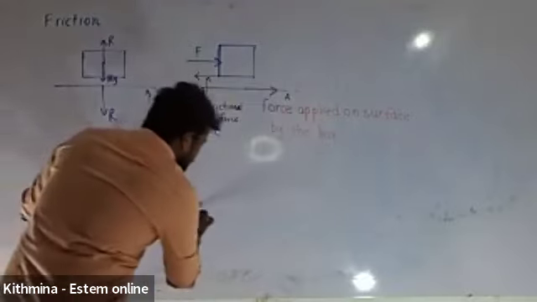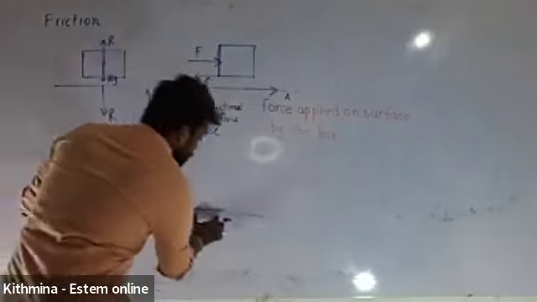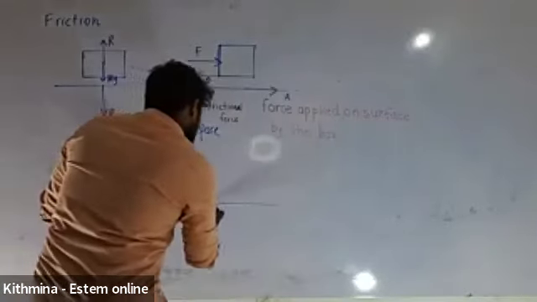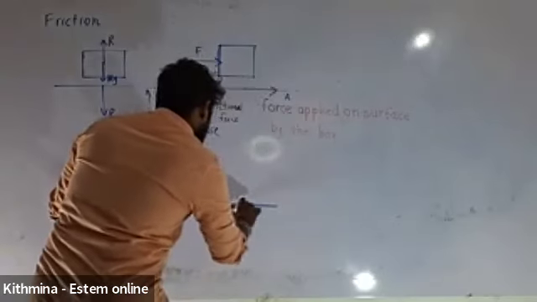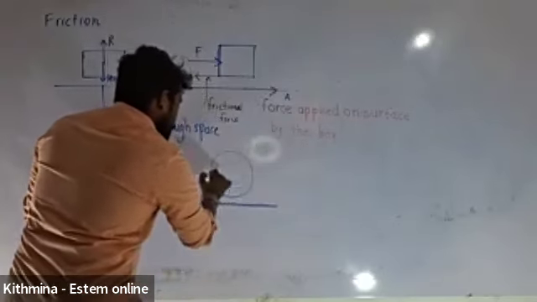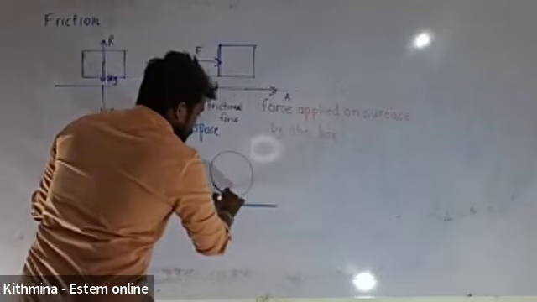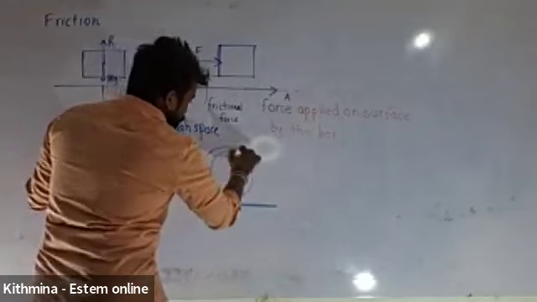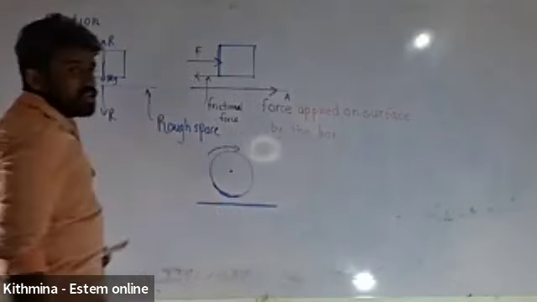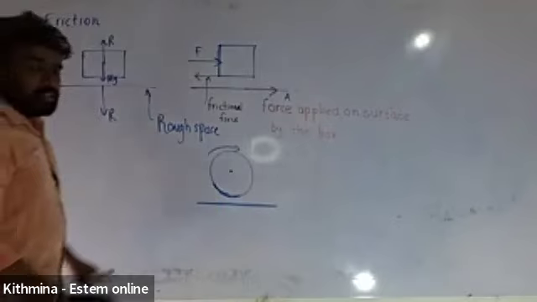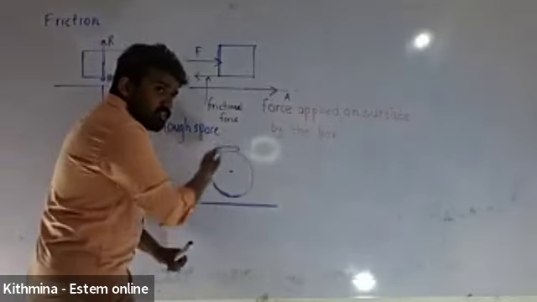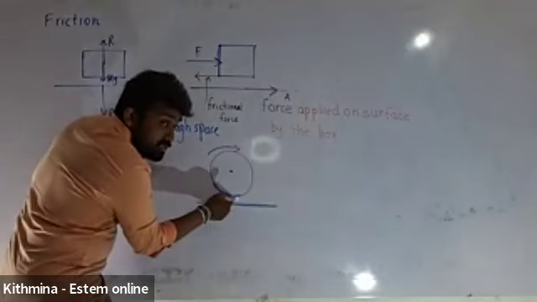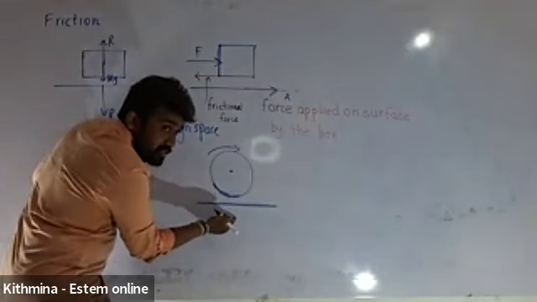Now, think about a wheel that is rotating. If there is a wheel that is rotating, this is the point which is in contact with the surface.